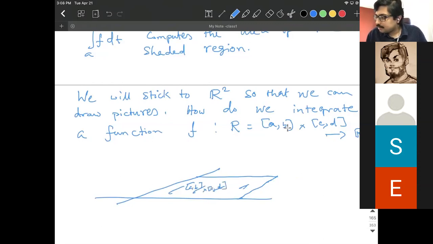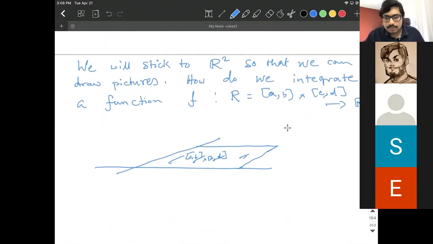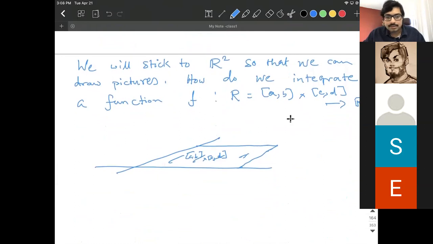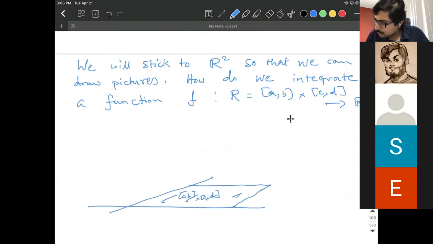Okay. Now this function, if you draw the graph in a similar manner, this function will give you a three-dimensional picture.